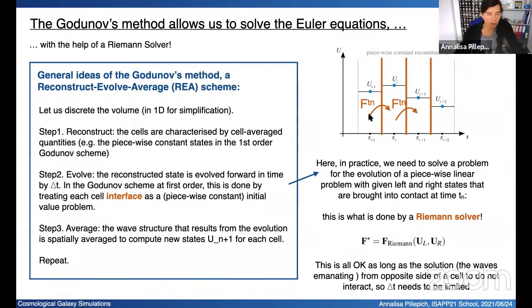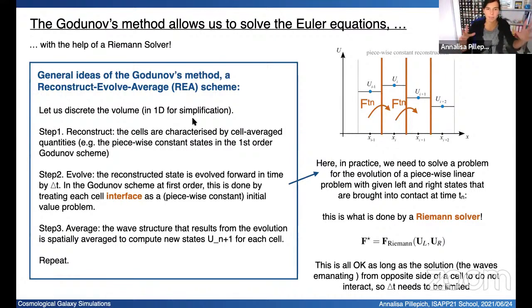I show it now, maybe up here on the right-hand side. To solve for the evolution from a time step n to a time step n plus 1 means to understand and write down the fluxes, given by the flux vector, across the boundaries of the cells. In practice, you have your fluid at a given time.